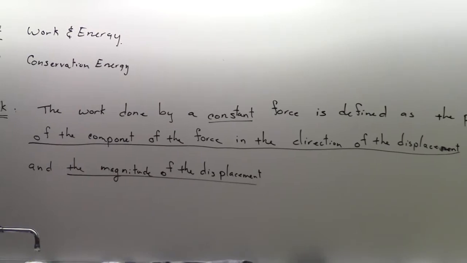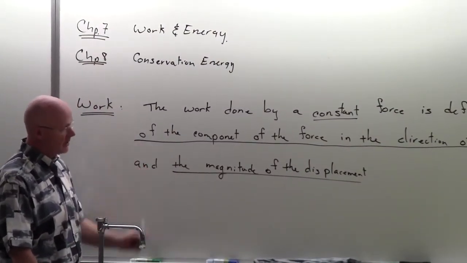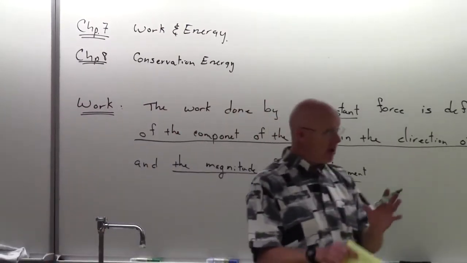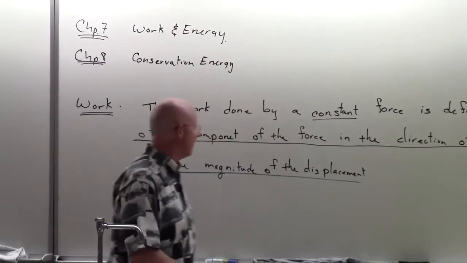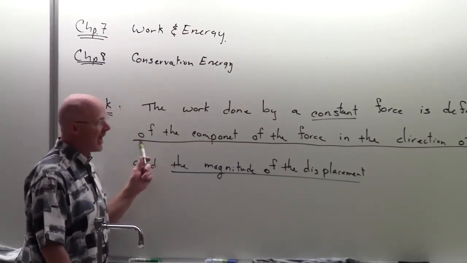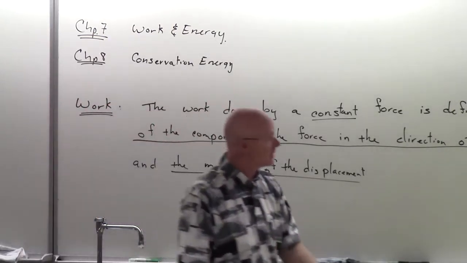And you can see that this is a force and this is the distance or displacement. Force times distance. But notice it's a bit more complicated than that. It's not just the force times the distance. It is actually how much force is along the direction of that distance.